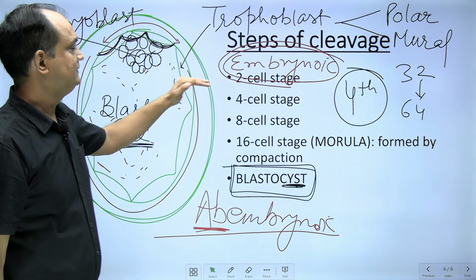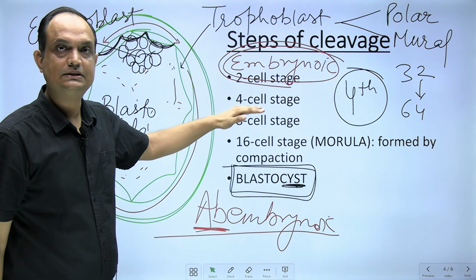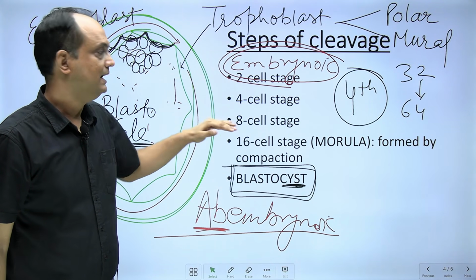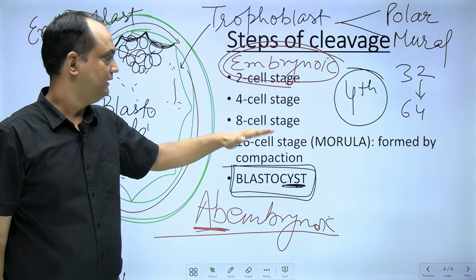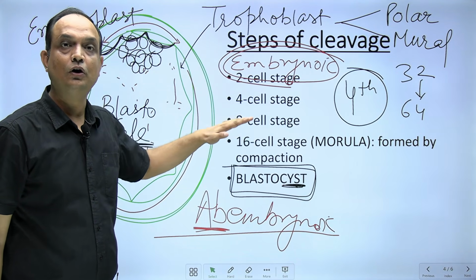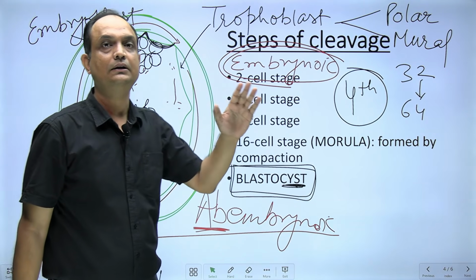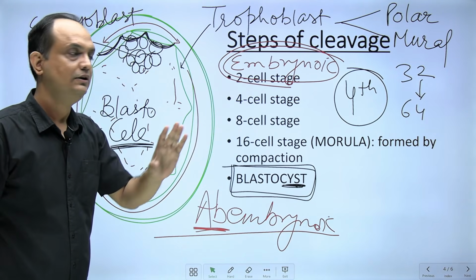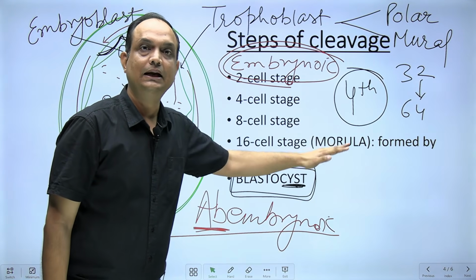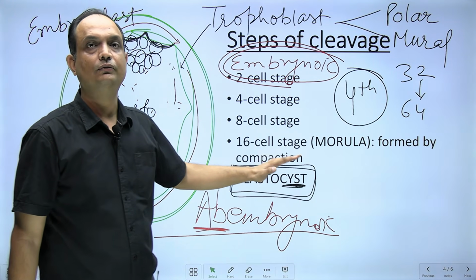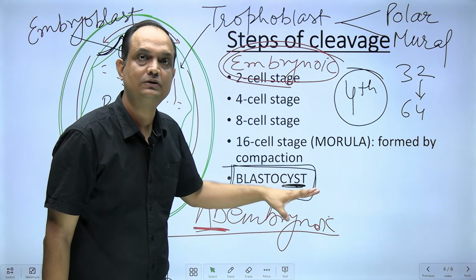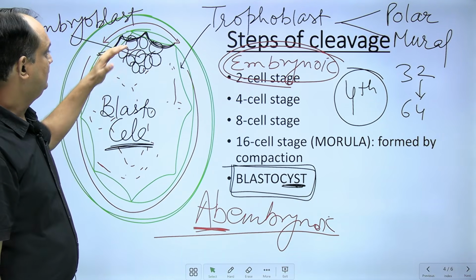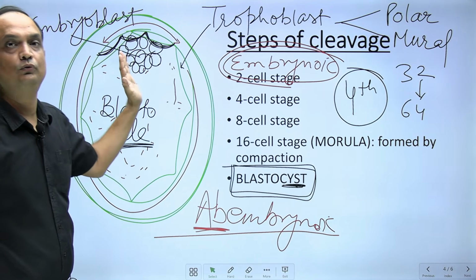Here you can see there are a few terminologies which are important when you are writing in an exam. First there is a 2-cell stage, 4-cell stage, then 8-cell stage. After the 8-cell stage you have a process of compaction, then the 16-cell stage. The compaction creates the outer and inner cell mass, which is known as morula. Then in the morula a cavity forms and this stage is known as blastocyst. In the blastocyst the cavity pushes the inner cell mass to one end.